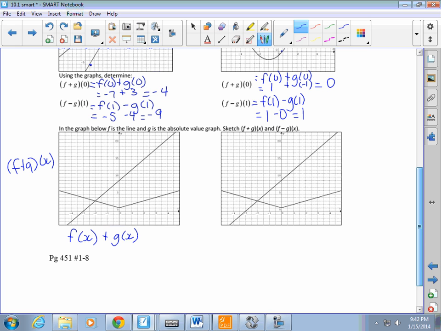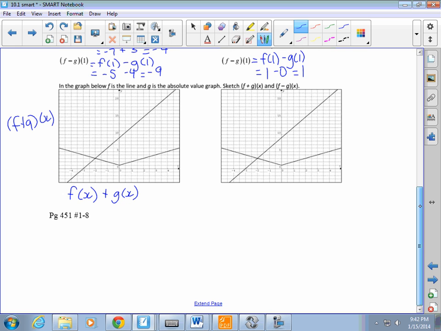I'm just going to scoot this down here a little bit, just ignore that, page 451, 1 to 8, that should be further down on the bottom of your page. So if I tried f of negative 4 plus g of negative 4. So f of negative 4, here is negative 4.